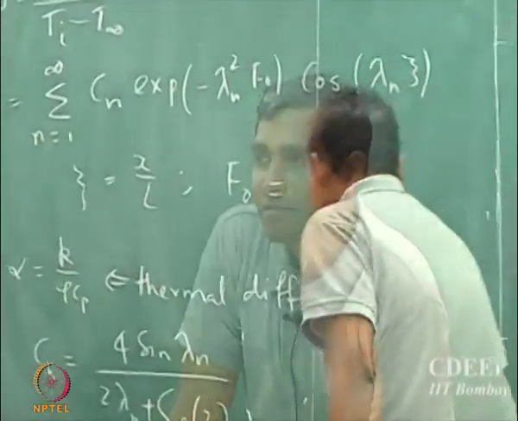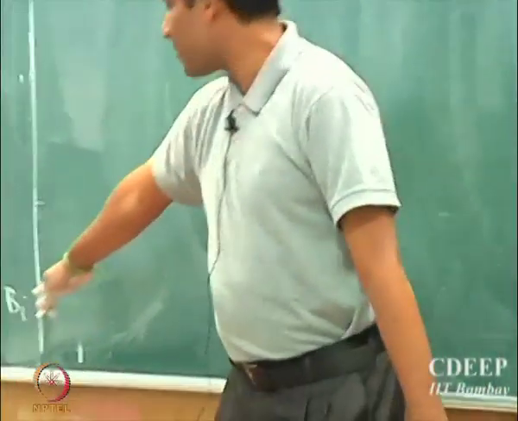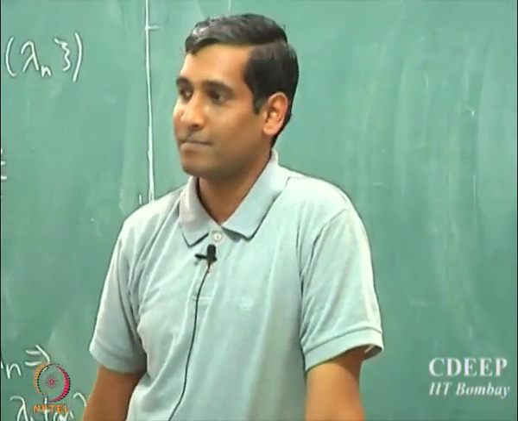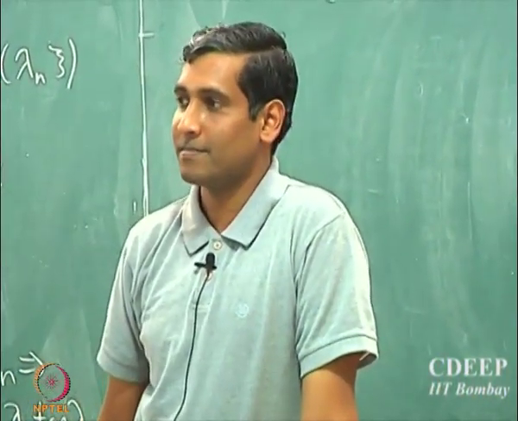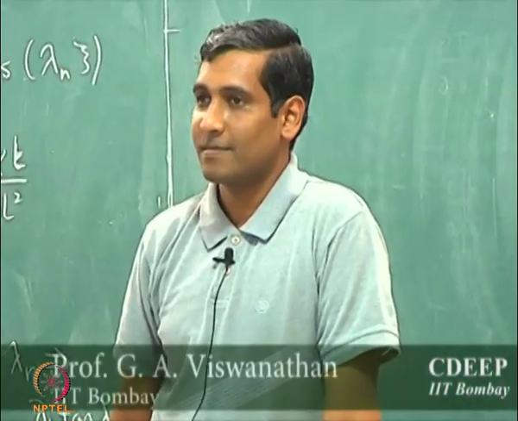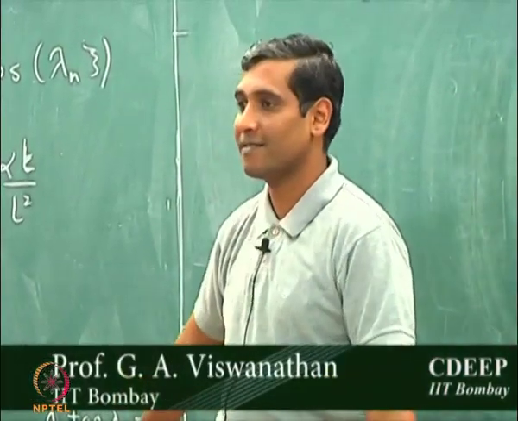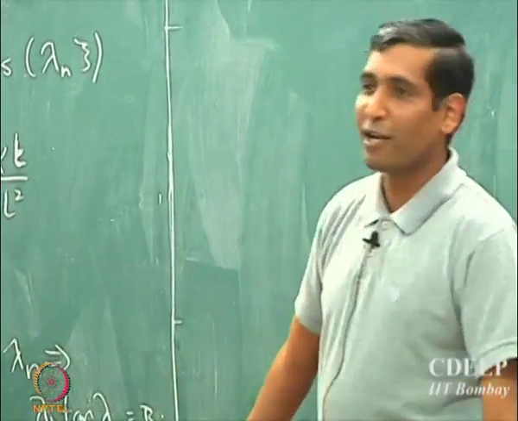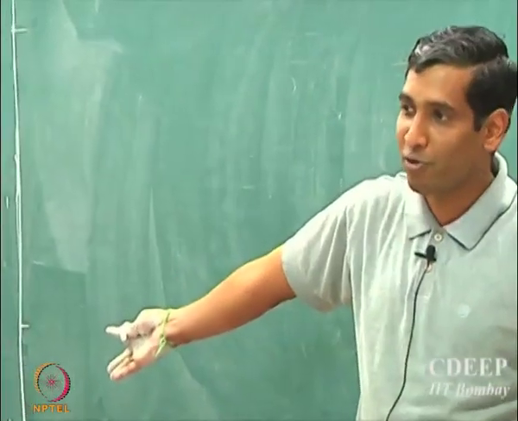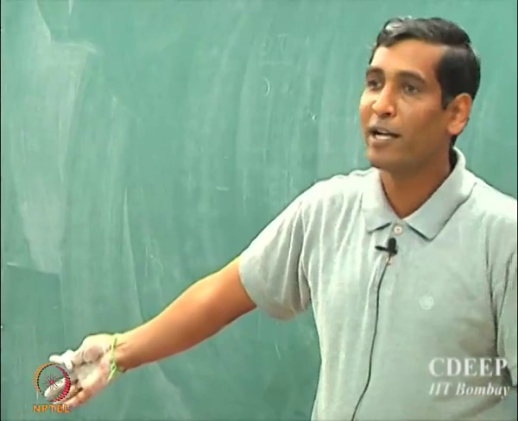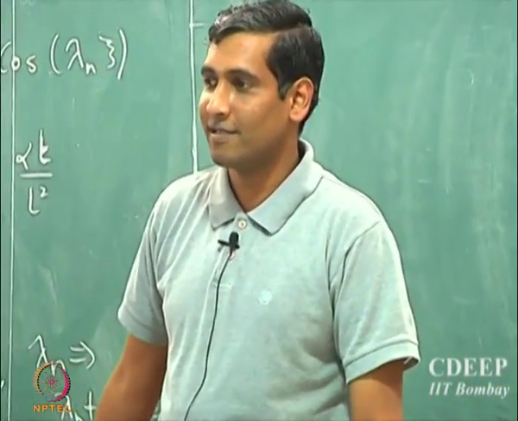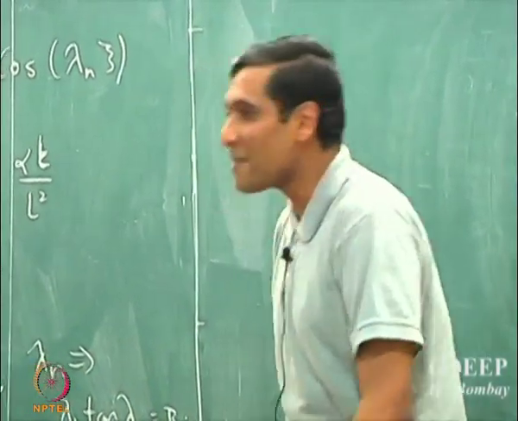How do you solve lambda n tan lambda n equal to Bi for a given value of Bi? Is it linear? It's not linear. So you cannot get analytical solutions for the roots. So you have to use a nonlinear solver. Which nonlinear solver? Scilab?